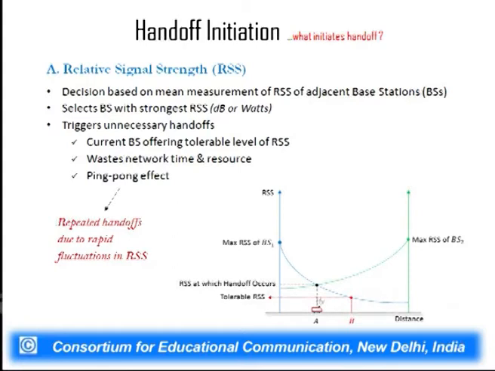It's in movement, and whenever it passes the junction of both the base stations' relative strength at point A, it hits and it triggers a handoff. Now when it triggers a handoff at the position A, the network time and resources that are engaged in this handoff process are wasted.